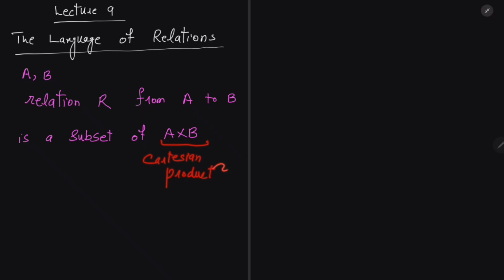If we had not defined the Cartesian product earlier, then we could not write this as a subset, and it would not be clear how to write A cross B.